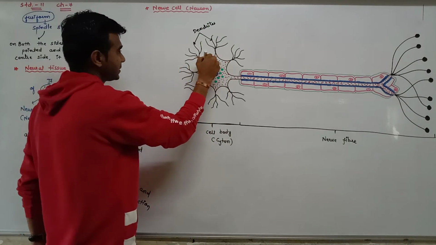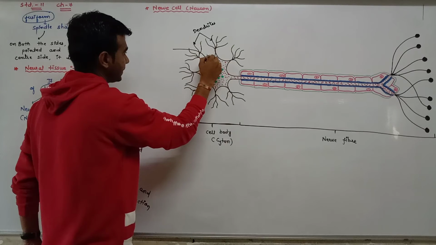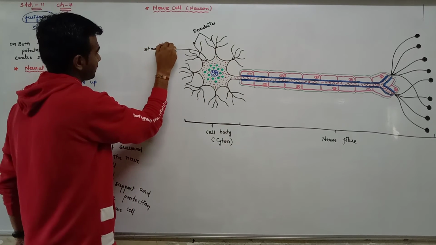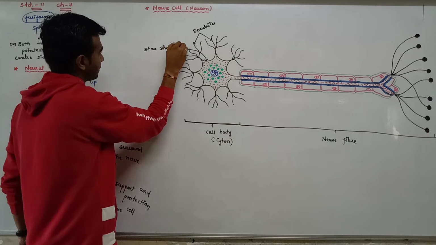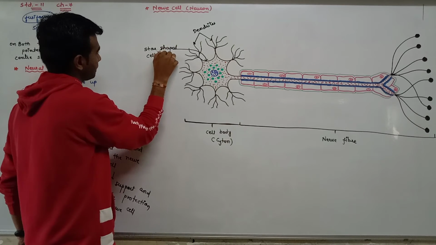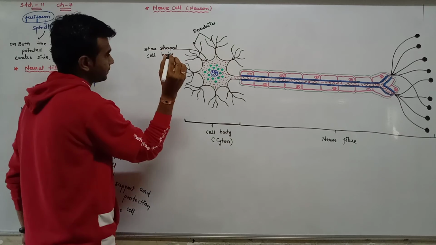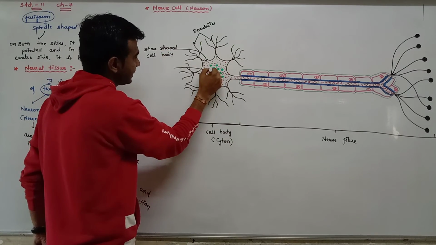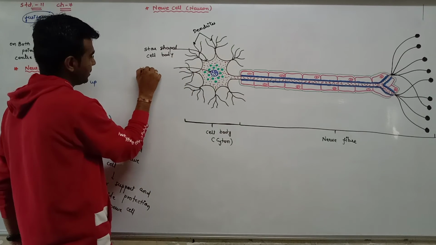The centermost blue color region is known as the nucleus of the neuron.